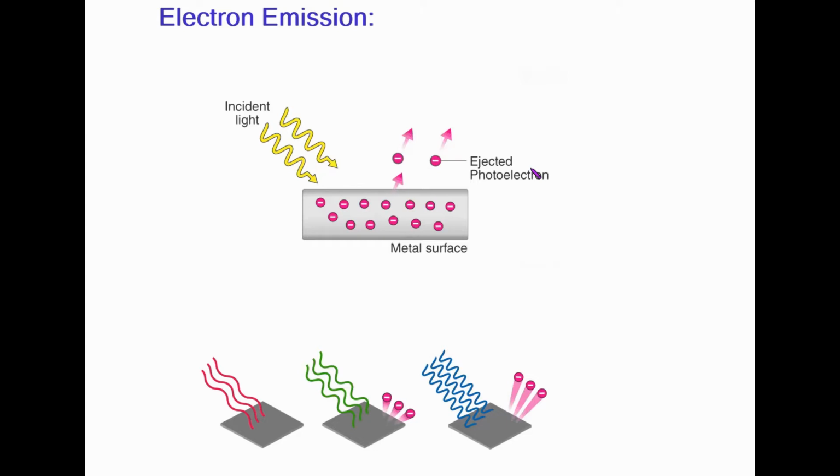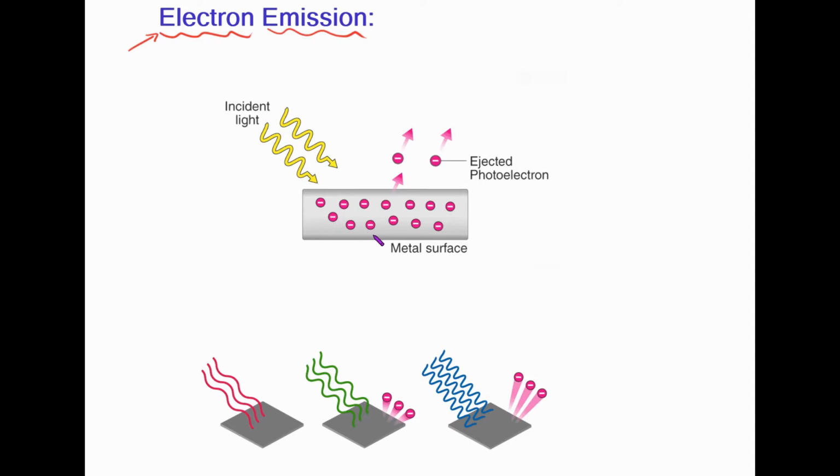Now let's understand the phenomenon called electron emission first. The liberation of electrons from a metal surface is called electron emission. The electrons in the metal cannot just get emitted like that.